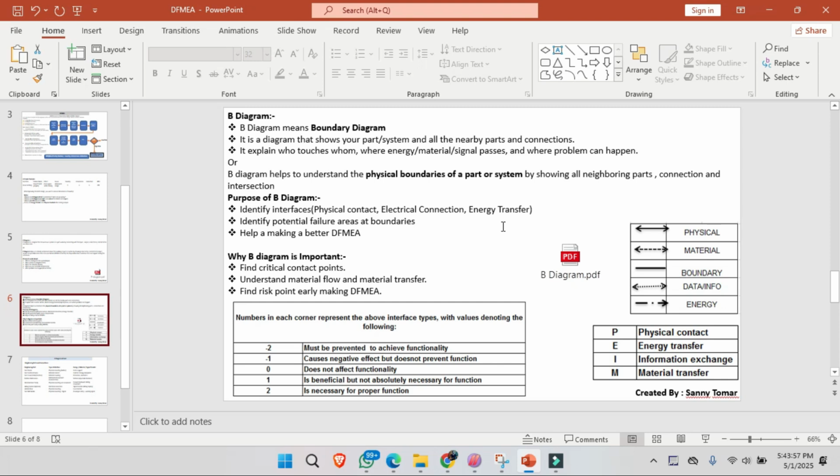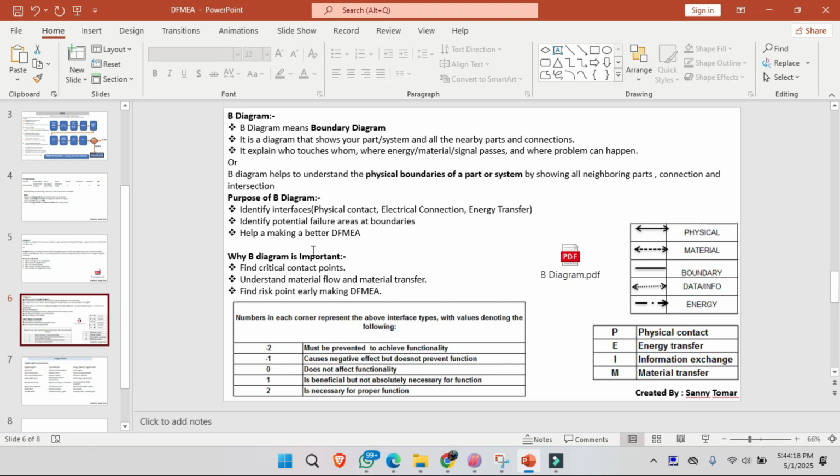So what are the purposes of the B diagram? The purpose of the B diagram is to identify the interfaces like physical contact, electrical connection and energy transfer, identify potential failure areas at the boundary, and help in making a better DFMEA.